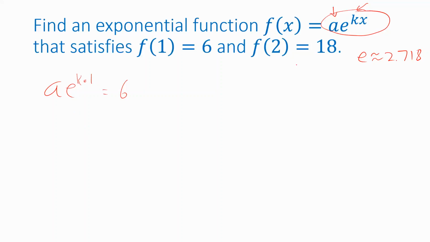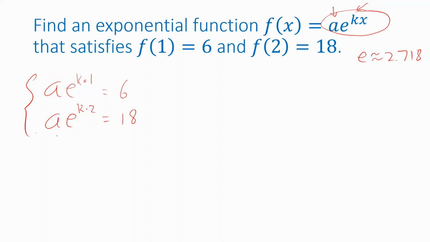And in the second condition, f of 2, that becomes a e to the k times 2, which should equal 18. Okay, so here's my system of equations to solve.